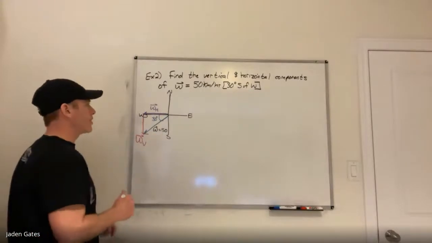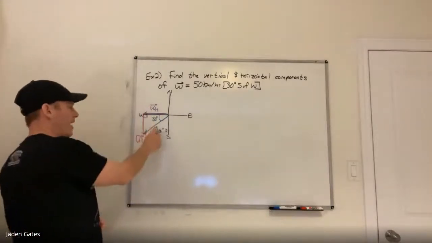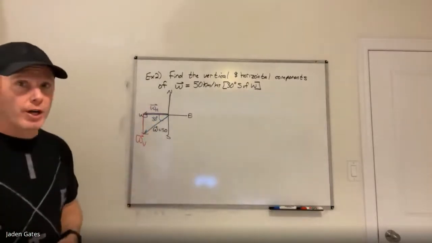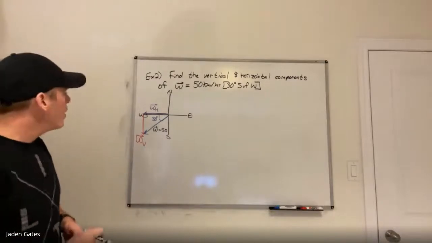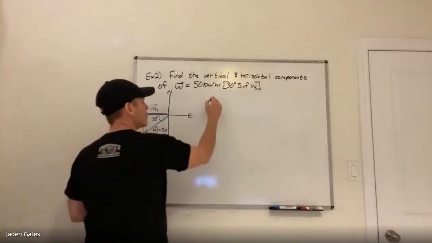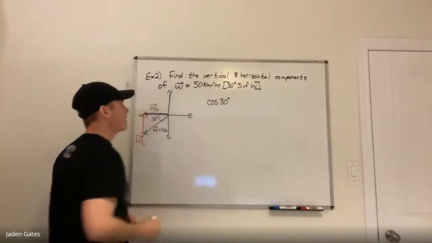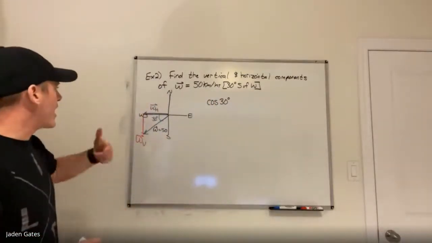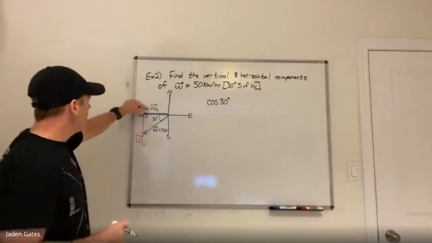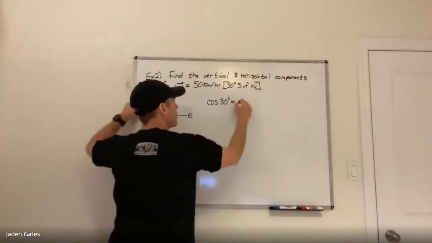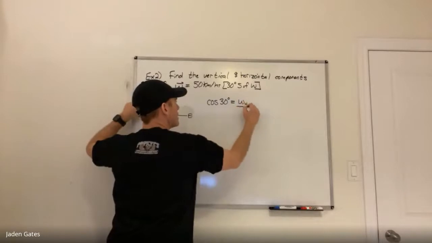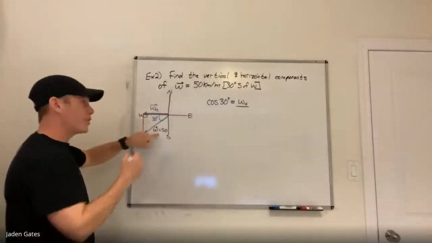And so if I have the adjacent and I have the hypotenuse, and hopefully you know trig, otherwise you're in trouble today, it would be using the cos ratio. So I'm going to have the cos of 30 degrees. Cosine, cozy at home, those are the acronyms I use. So the adjacent, which is our WH, divided by our hypotenuse, which has a size of 50.